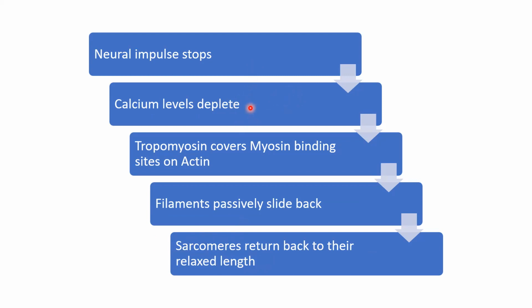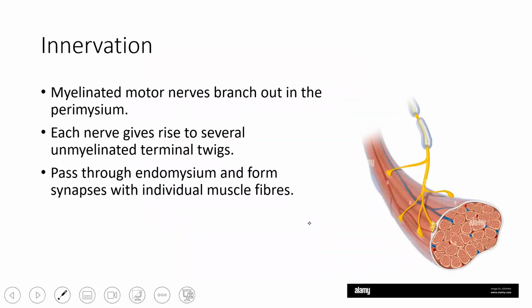So when there's no calcium, again, the tropomyosin covers the myosin binding sites on actin filaments. So then the filaments passively move back to their original positions, to their relaxed length. Okay, so that's about the contraction of the skeletal muscle.